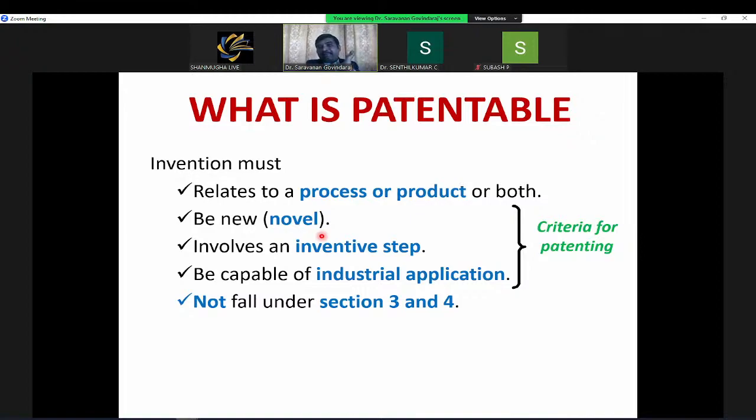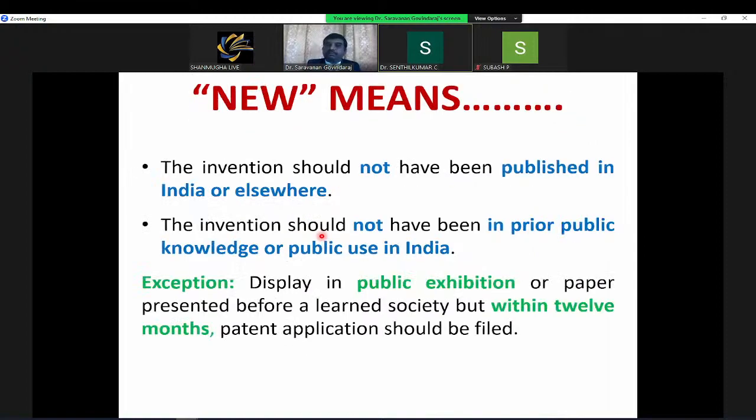Then we can get a patent for that particular process or product. We will discuss these 3 criteria elaborately one by one.